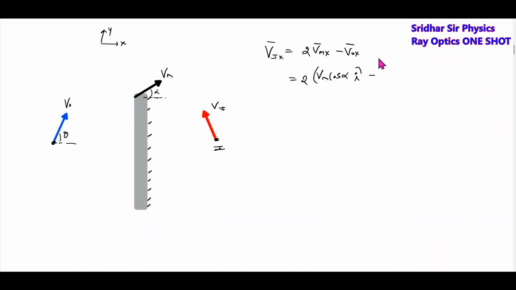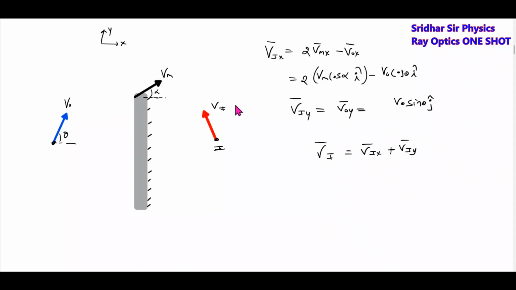Minus v_ox will be v_o cos theta i cap. Then what about v_iy? v_iy should be equal to v_oy. v_oy should be how much? v_o sin theta j cap. What about velocity of the mirror along the y-axis? That will not determine anything in the velocity of the image. Like this, now you can calculate the velocity of the image, v_ix plus v_iy. If object and mirror both are moving, then this is the method.